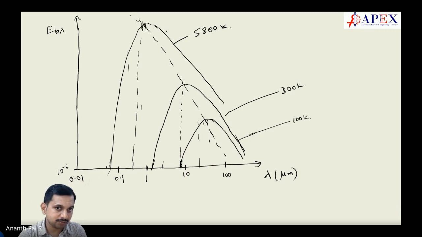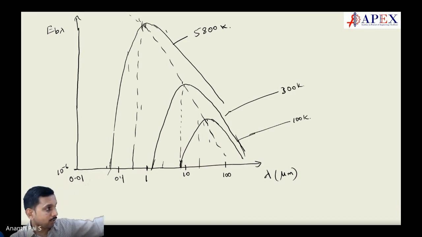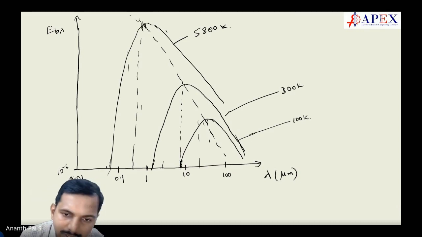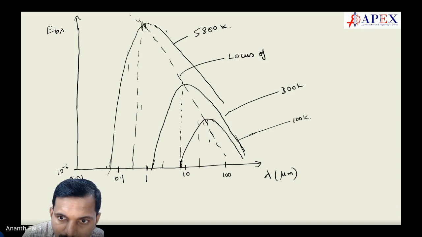That is 5,800. Now, if you consider the sun is around 6,000, more ultraviolet comes. That's very important. And this one, which is there, is the locus of maximum power.